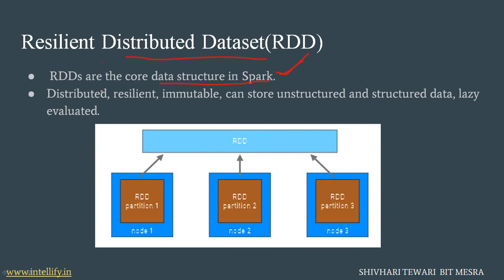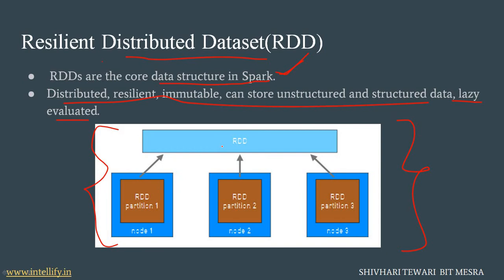These kinds of data can also be used in the Spark library, and they can also be evaluated. This kind of evaluation is known as lazy evaluation. So distributed, resilient, and immutable data can be stored in a structured and unstructured way, and it can be lazily evaluated. So here is the dataset of Spark.